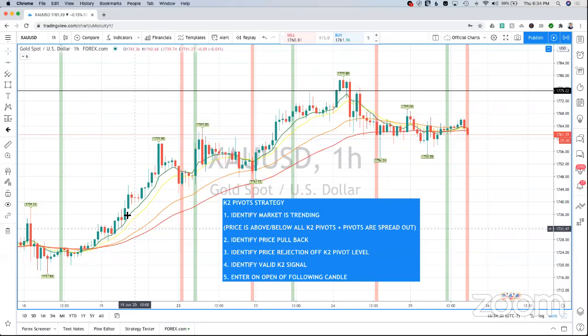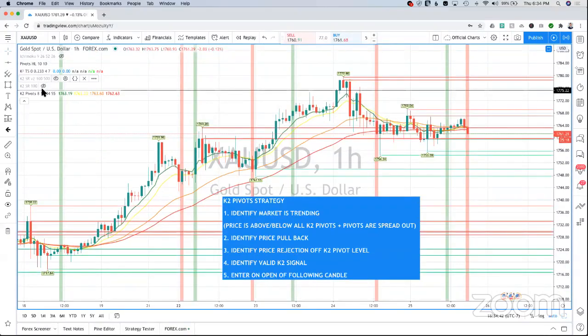These lines actually are moving averages. They're exponential moving averages. That's why they're dynamic, because as price moves, they move with price. It's not like set in place. If you look at our K2SR, these are set in place. They're not dynamic. Once the resistance and support is established, it stays there.